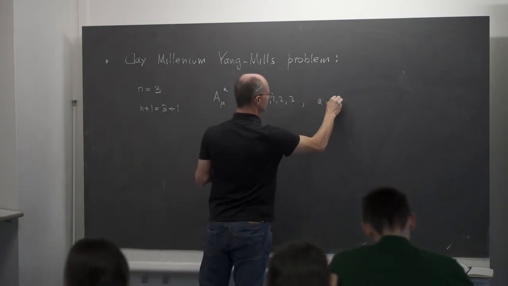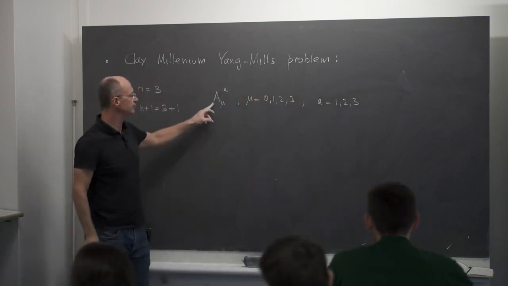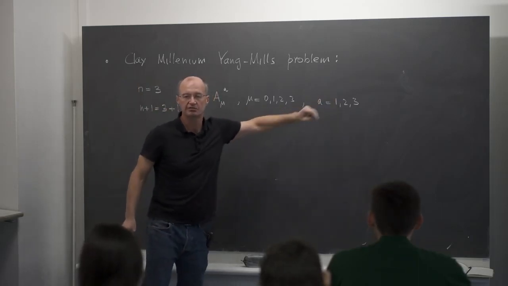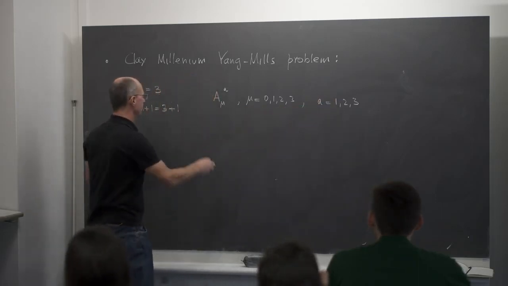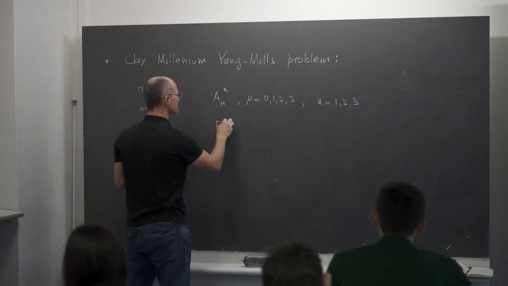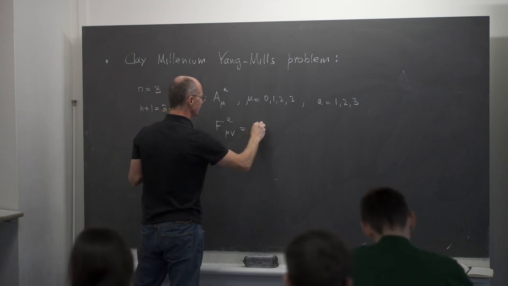And let me choose the simplest case, A equal to 1, 2, 3. So in total there are, how many? 4 times 3, 12 fields. And so out of these fields, we build the following combination.